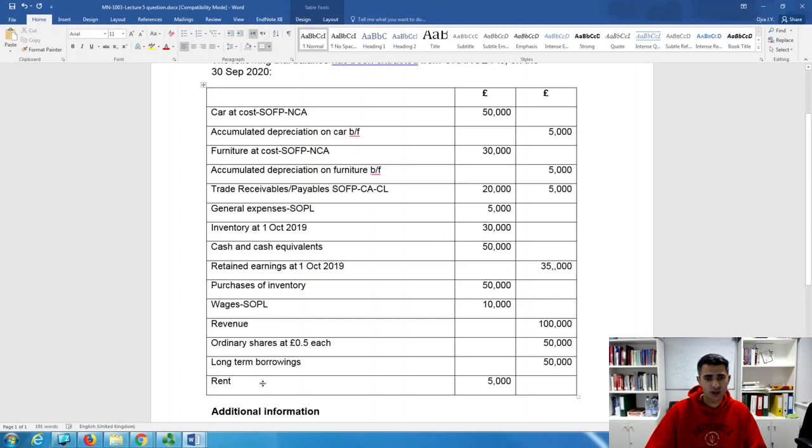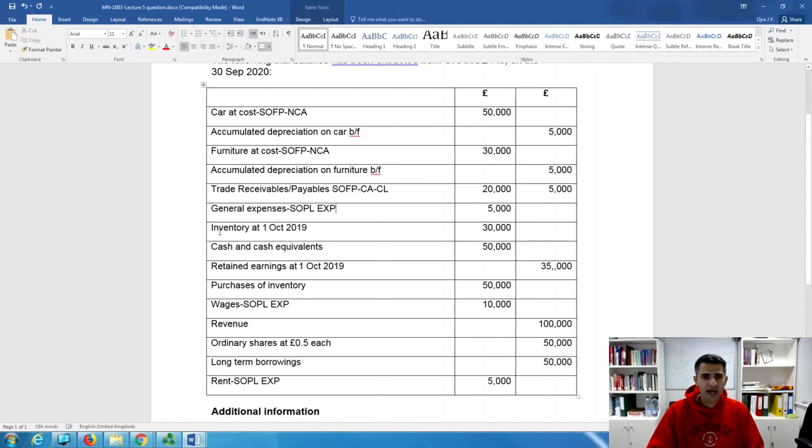We also have rent. Rent is also in the statement of profit or loss, also expenses. All right. So as you see, guys, these are the expenses. We need to list them under working 2 to calculate the expenses there.